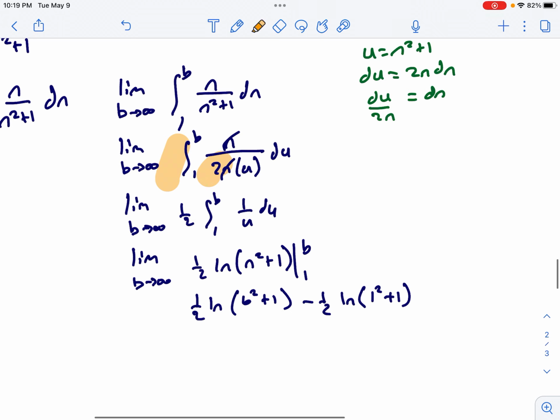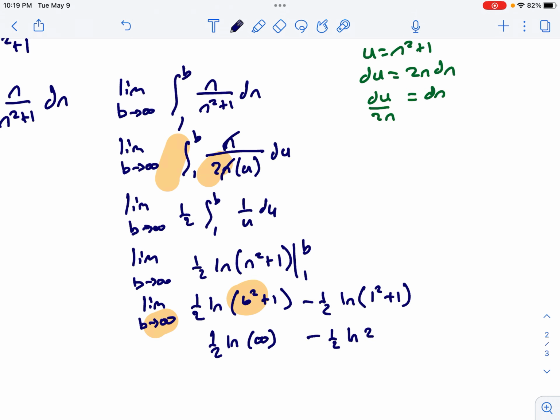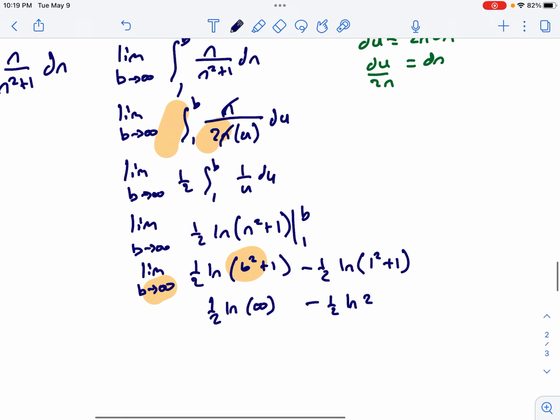Okay, so what happens here? Well, I need to put the limit as b goes to infinity. This is going to be the natural log of something really, really big, right? This is 1/2 the ln of infinity, something crazy big. And this is just minus 1/2 the natural log of 2, which is something not crazy big.